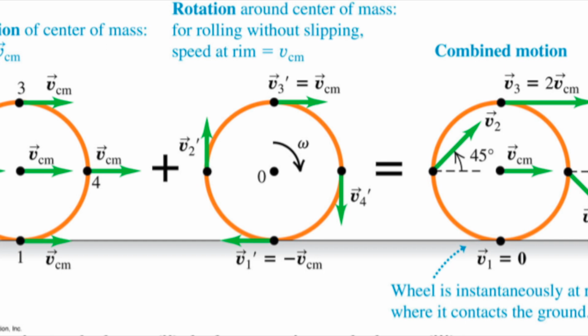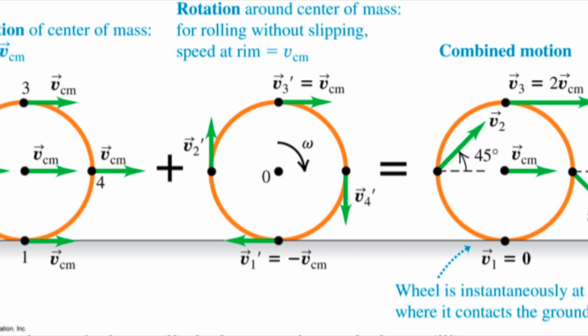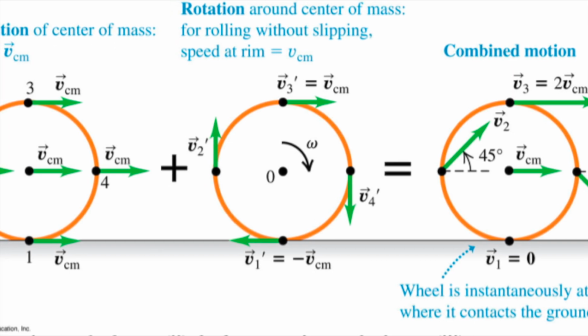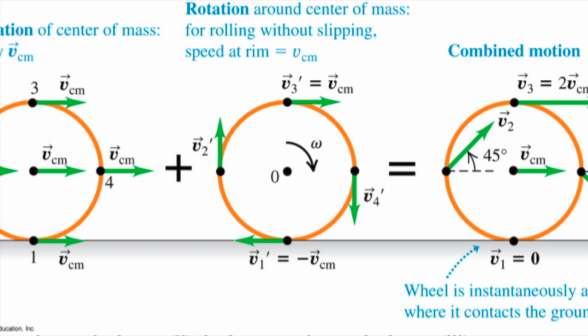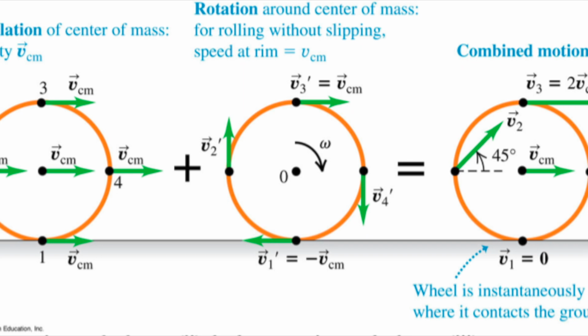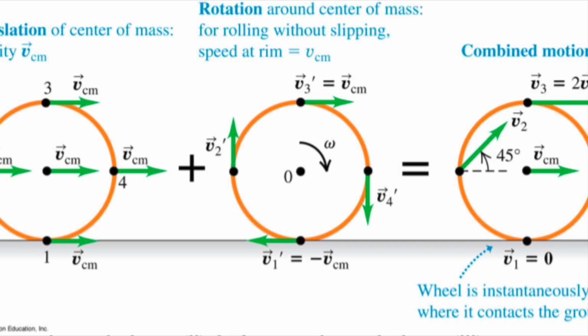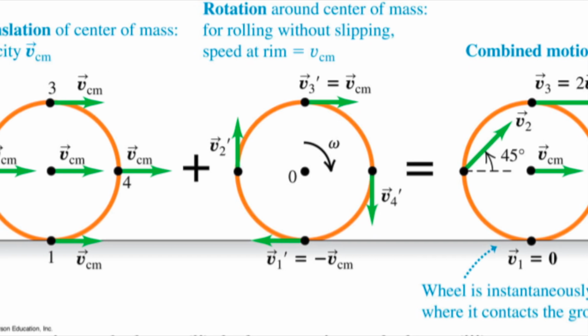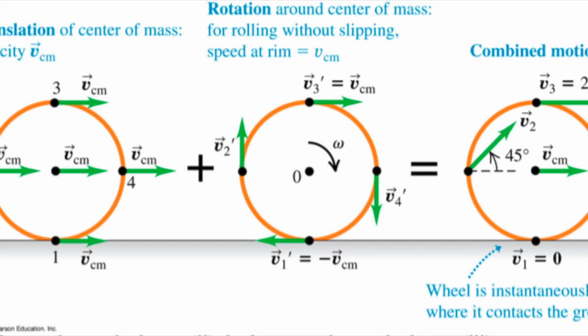So the top is moving to the right, the bottom is moving down to the left, and the side is moving up or down, depending on which side you look at. And then when I add those two linear velocity vectors together, I get the vectors I see in that picture on the right there.